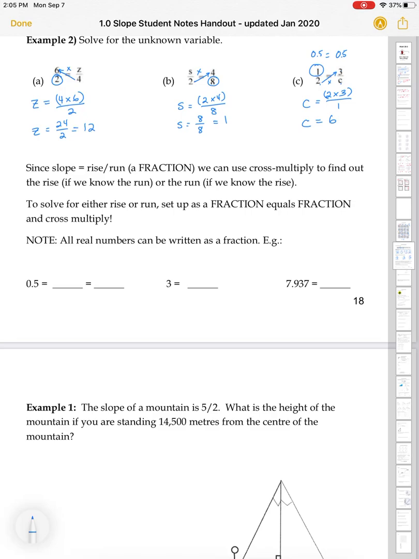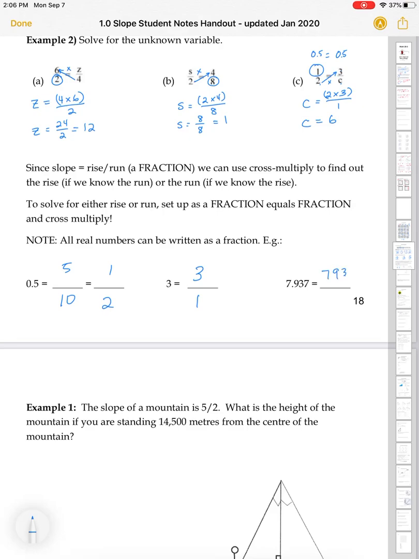So, remember, all real numbers can be written as a fraction. So, for example, 0.5, we can write that as 5 over 10. It's also equal to 1/2. So we can rewrite that as a fraction. If we have a whole number, 3, it would be like 3 over 1.